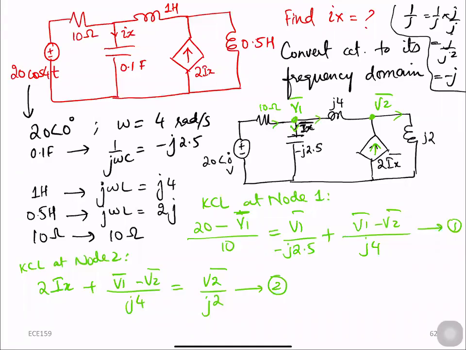So Ix, which is a dependent current source, can be written as, since this is the current flowing through this V1 node to ground, so this is our reference point, V1 divided by minus j0.25.